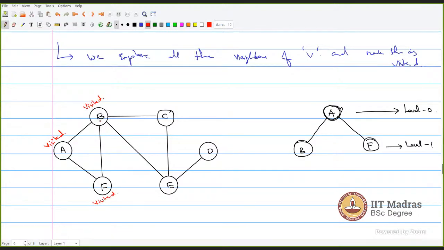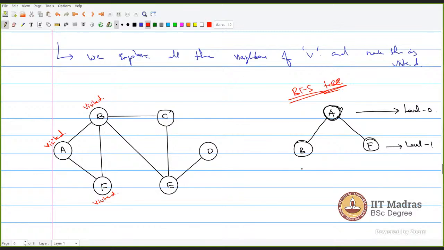Now once I take B, I will explore all the unvisited neighbors of B. The neighbors of B are A, F, E, C, but the unvisited neighbors of B are only C and E, because F and A have already been visited. A, B, F are already present in our BFS tree. This is just the BFS tree. So the unvisited neighbors are only C and E.